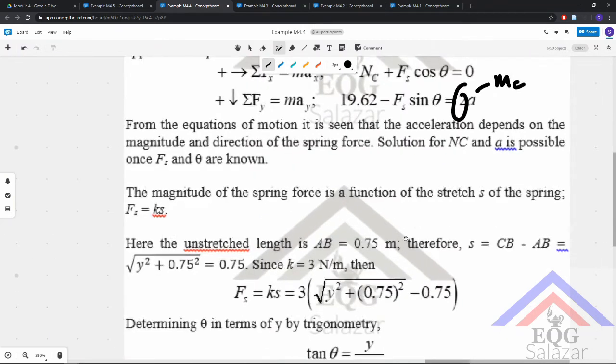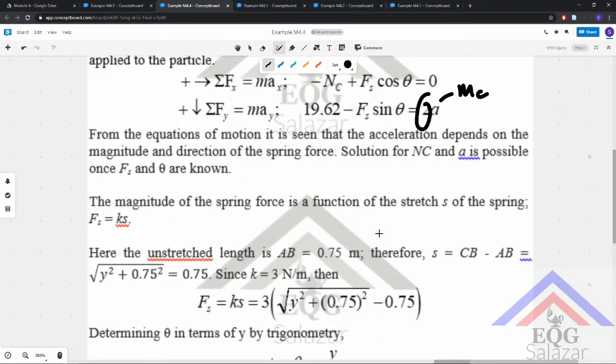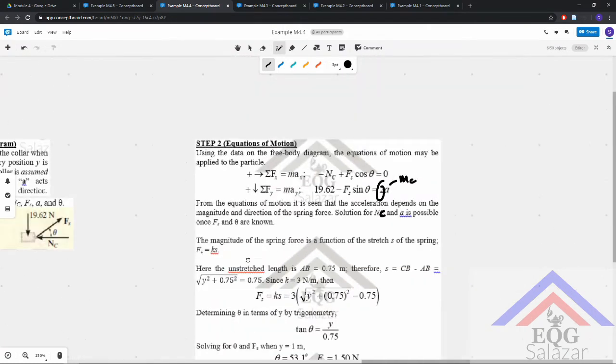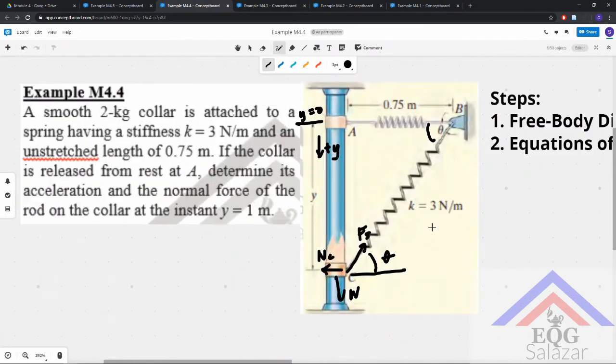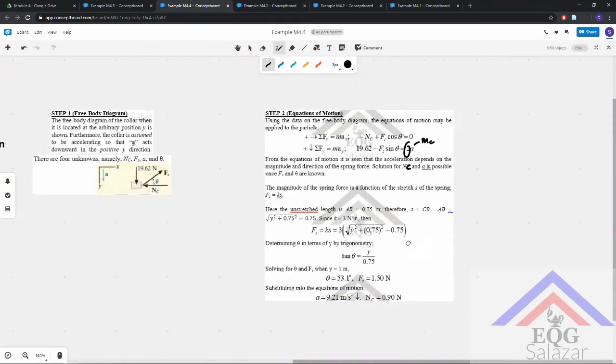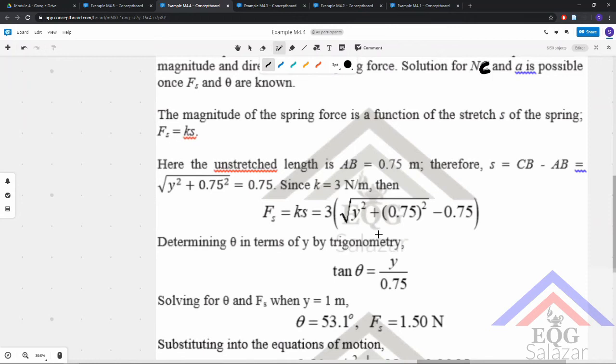From the equations of motion, it is seen that the acceleration depends on the magnitude and direction of the spring force. So solution for Nc and a is possible once the force in the spring and theta are known. Since the force in the spring is a function of the spring stiffness k and the deformation in the spring s, we can solve for the force in the spring in terms of y.